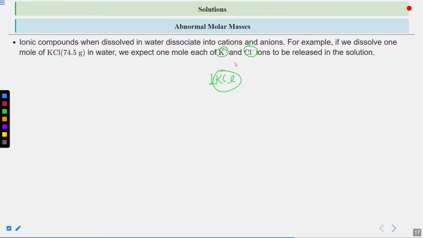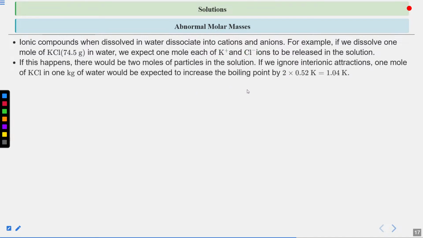As we are increasing the number of particles by dissolving it in the solution phase, the colligative property will change. Now if we ignore the interionic interaction, then we will see that the boiling point is being doubled here. If you just try to calculate, then we will get a double boiling point, which is very wrong. And why is it happening? Because of the 2 particles.